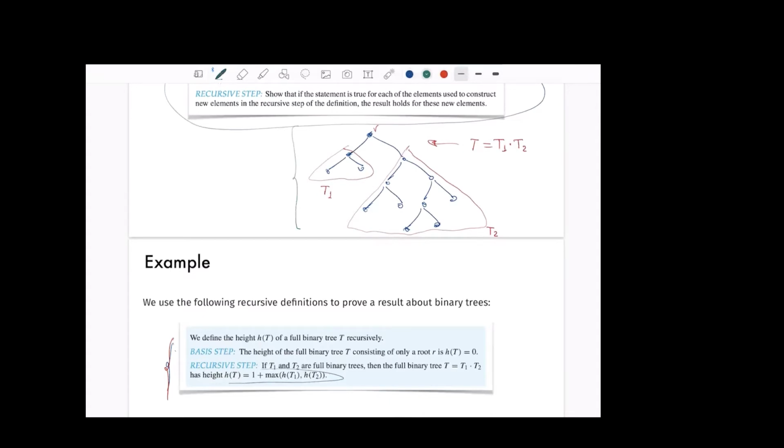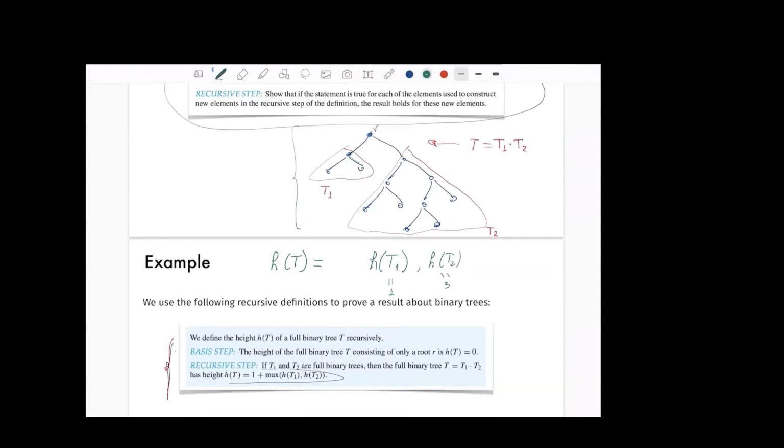okay, height of this tree is going to be whatever the height of T1 was, well, the height of T1 is going to be 1. Whatever the height of T2 was, the height of T2 is going to be 3.